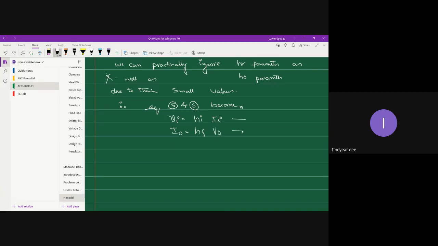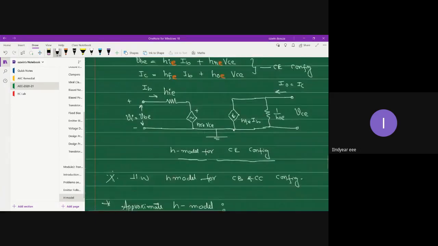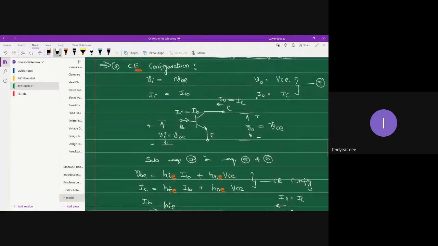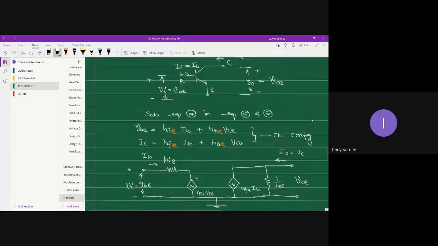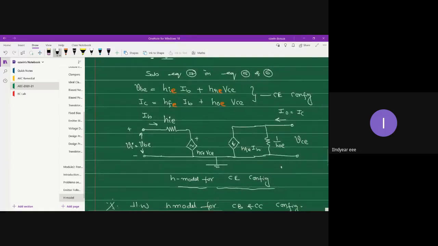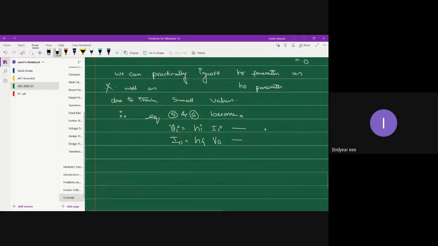Okay, let's call these two equations 8 and 9. Now, taking equation 8 and 9, we can have our equivalent circuit. Equation 8 represents the KVL equation, and equation 9 represents the KCL equation.